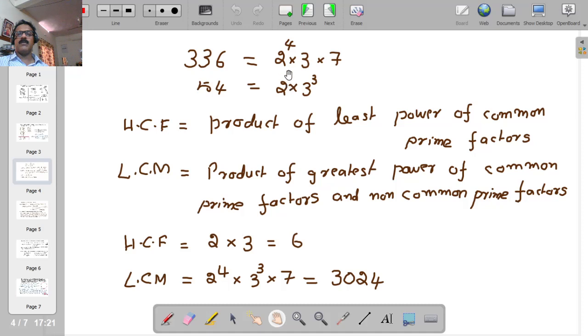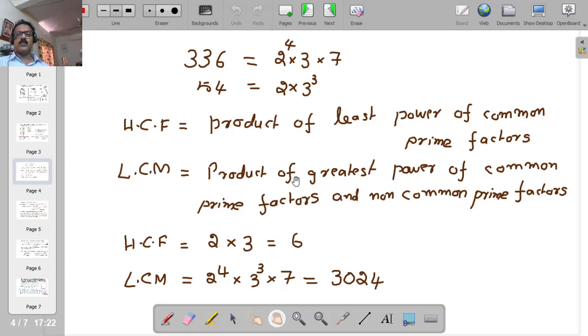The least among 4 and 1 is 1. Similarly, the power of 3 in the factorization of 336 is 1, and the power of 3 in the factorization of 54 is 3. The least among 1 and 3 is 1. So we have to multiply 2 raised to 1 times 3 raised to 1, which will be the HCF. We know 2 raised to 1 is equal to 2 and 3 raised to 1 is equal to 3. So HCF is equal to 6.